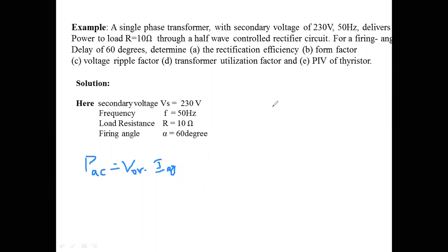And next, what about the form factor? The form factor is equal to V naught R divided by V naught, where V naught R has a value of 145 after calculation, so 145 by 77.6.